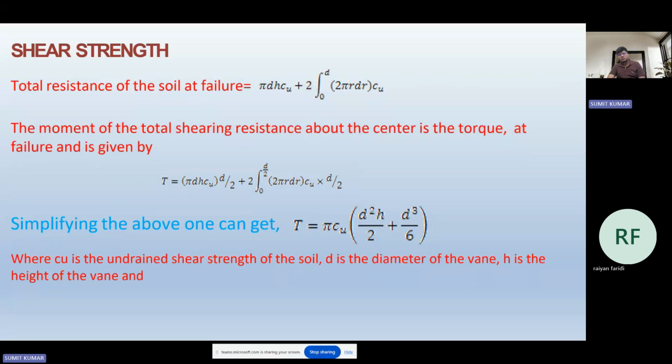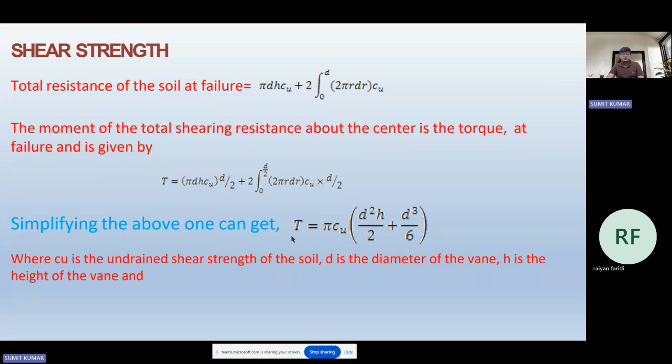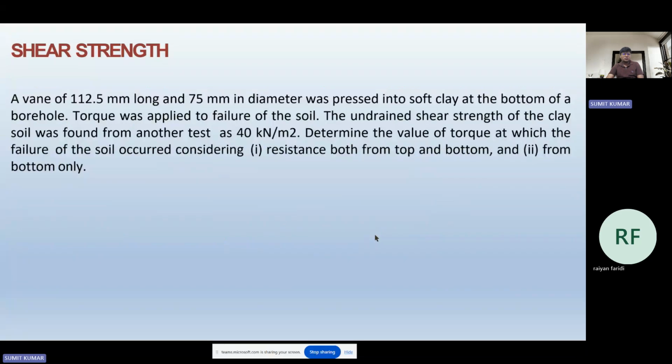What differs is whether we keep the blade up to the ground surface or insert it in the ground. On that basis, the second term changes from D cubed by 6 to D cubed by 12. When we solve a question related to the same, we get a better picture.